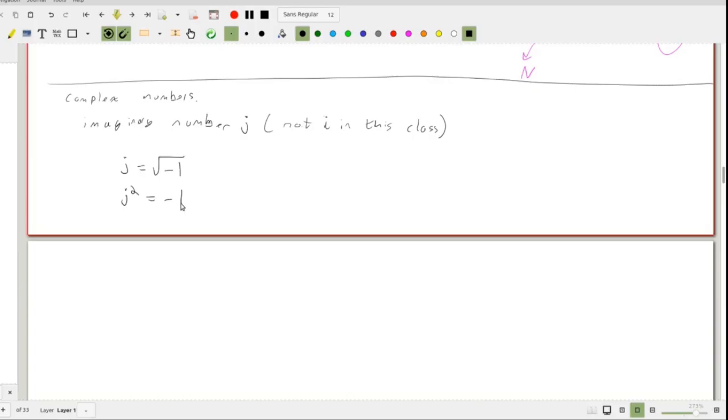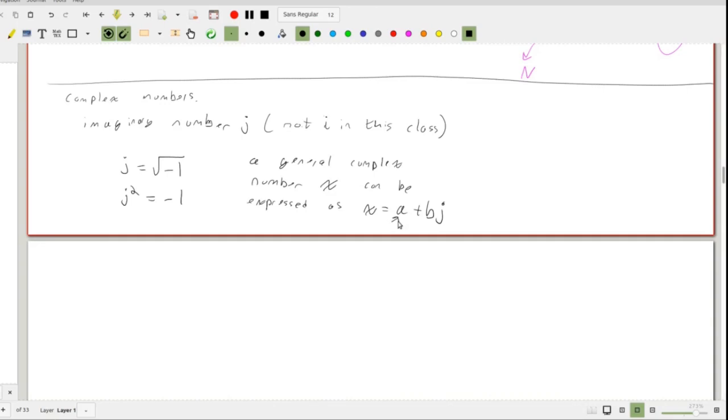So a general complex number X can be expressed as X is equal to A plus BJ.